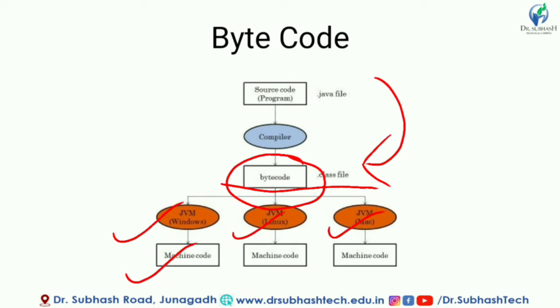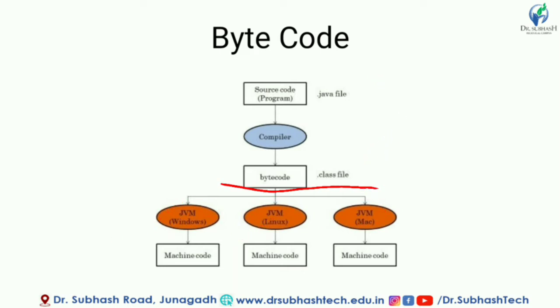So this is where it is platform dependent. JVM is platform dependent because it is available according to the operating system. Up to this point it is platform independent, but for the execution it is platform dependent, right? So this is the flow of how the program is compiled and then executed.